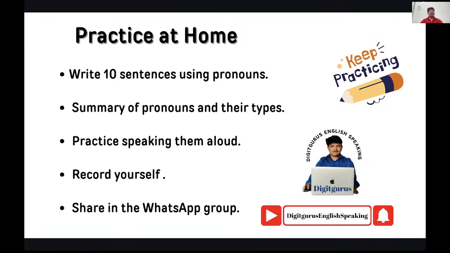And the last thing you have to do: in our WhatsApp, we have three or four WhatsApp groups for beginner learners, intermediate learners, and advanced learners. And we also have another common group.